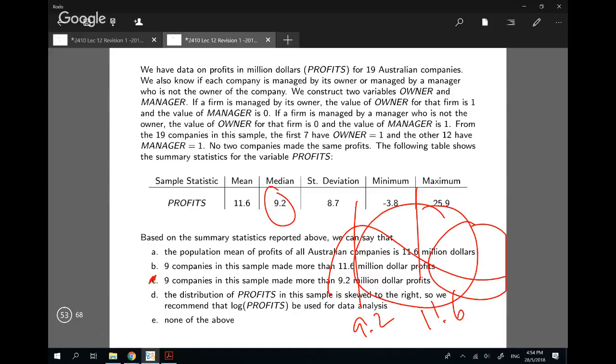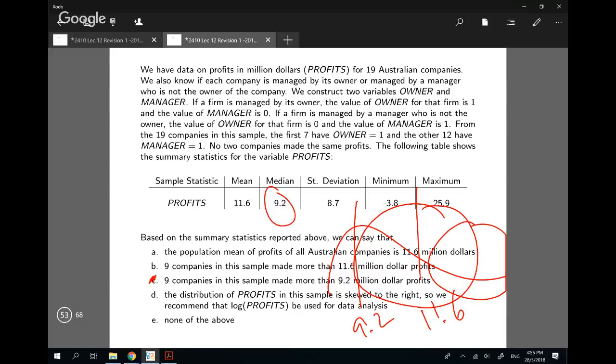The distribution of profits in the sample is skewed to the right, so we recommend log profits to be used. That's probably true also. Now the above: since the median is 9.2, at least 9 will make more than that, correct? Not exactly 9.